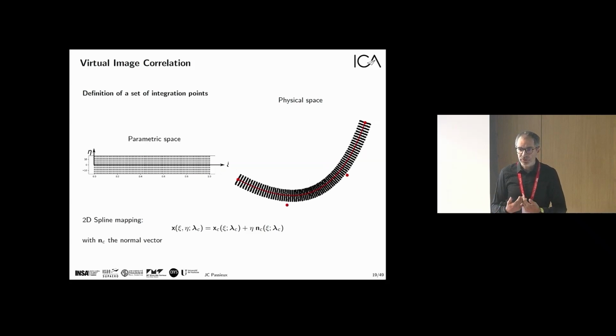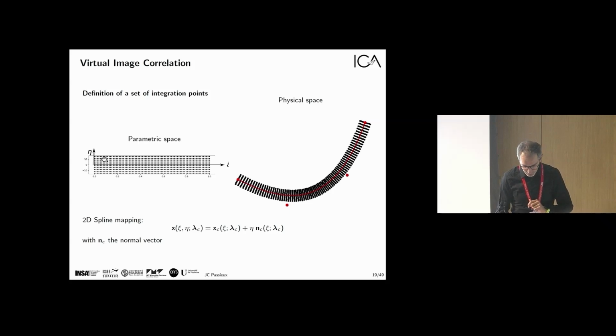And now, if I come back to my problem, I want to build a geometry of a spline that fits a line in an image. I need to build a set of integration points or interrogation points. So I introduce a new dimension, which is eta in the parametric space, and I can map the point in the parametric space to the physical space using the spline mapping in the xi direction, and we use an identity mapping in the eta direction.